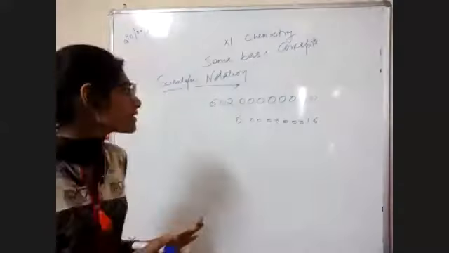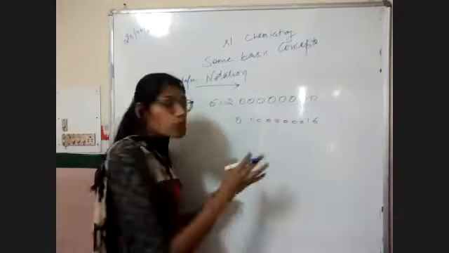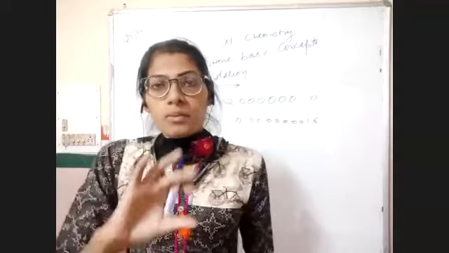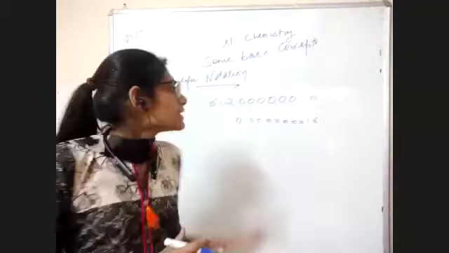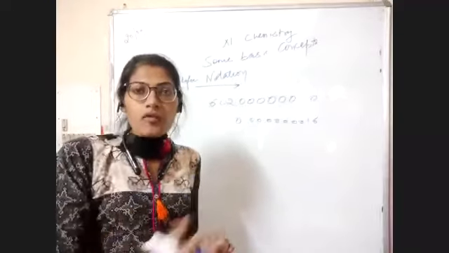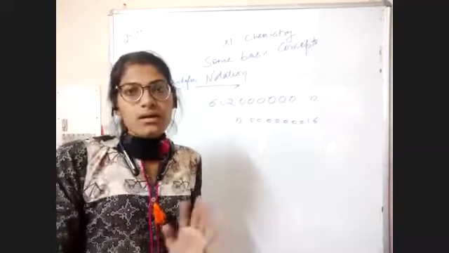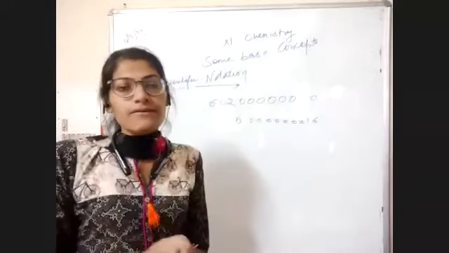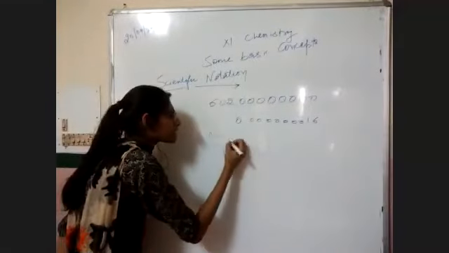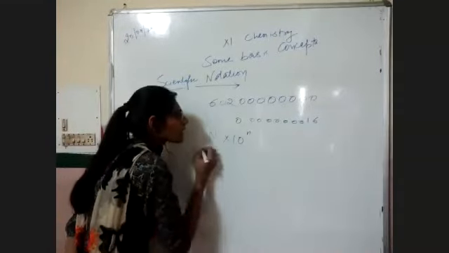The figures would be exactly the same, but only the method of representation would be slightly changed. How would we write them and use them in our chemistry classes? That would change by the method of N multiplied by 10 raised to power n.